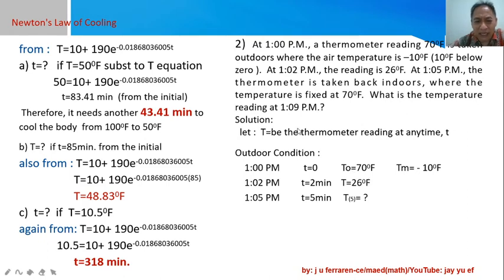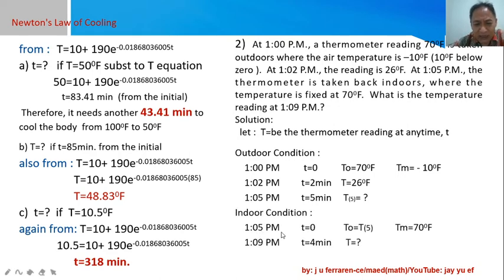Now, when it is taken back indoor, there is actually a corresponding thermometer reading which is not mentioned in the problem. So, this is an unknown, we don't know yet the temperature reading. But this can be solved. Okay. In the indoor condition, which is at 1:05, this is again where our initial time is set to 0.